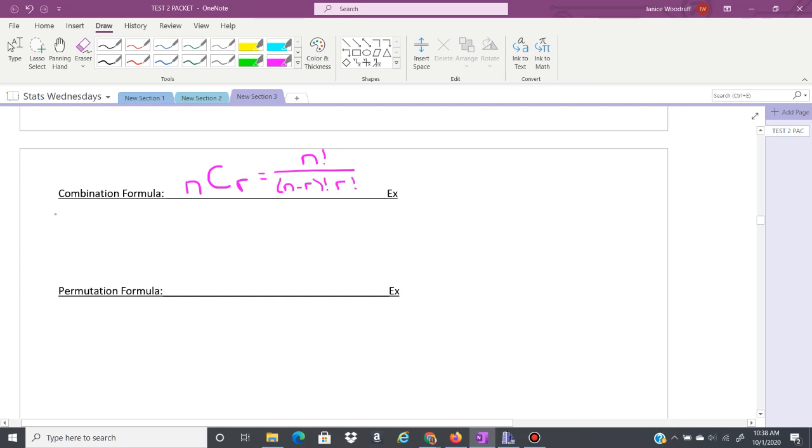This is when you are selecting r from n distinct elements. And in a combination, the order does not matter.